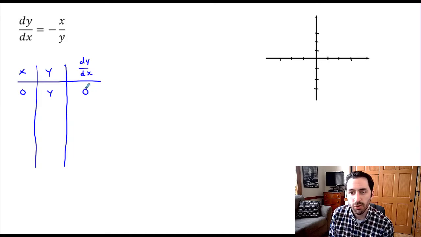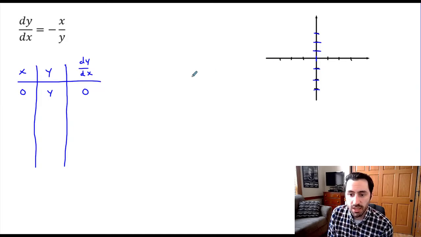So the numerator here would be 0, y can be anything, and I'm going to end up with a slope of 0. So for all these points along the y-axis, we're just going to represent that with little horizontal line segments. Now notice the only one I didn't put in here is the origin, because at the origin it would be 0 divided by 0, which means that we have a vertical tangent line.